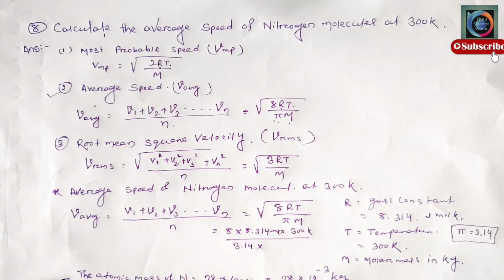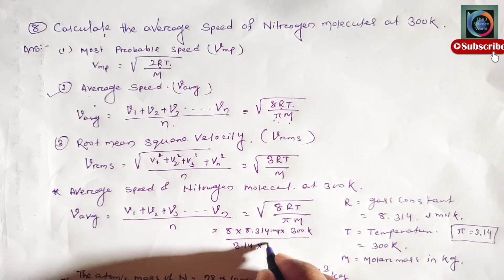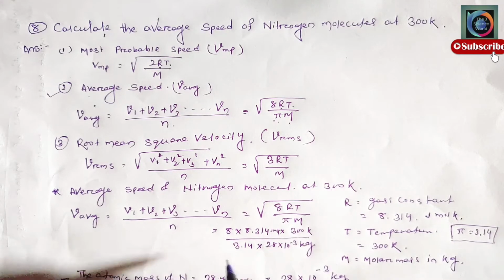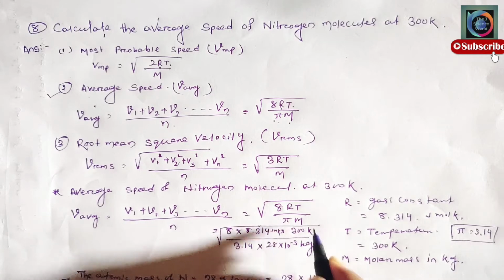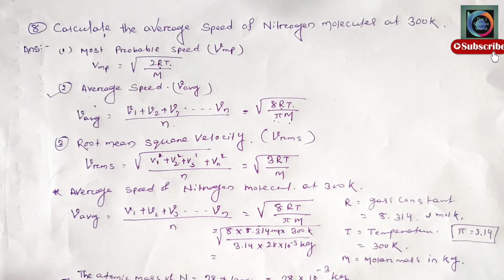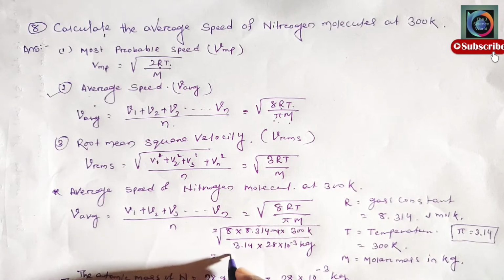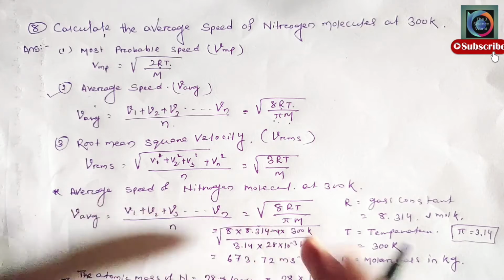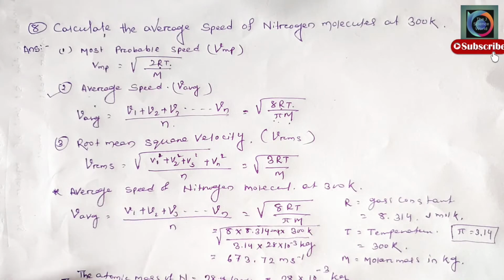Then the molar mass of nitrogen, that is 28 into 10 to the power minus 3 kilogram. Well, we calculate all this, we get 673.72 meter per second. This is our average speed of nitrogen molecule at 300 Kelvin.